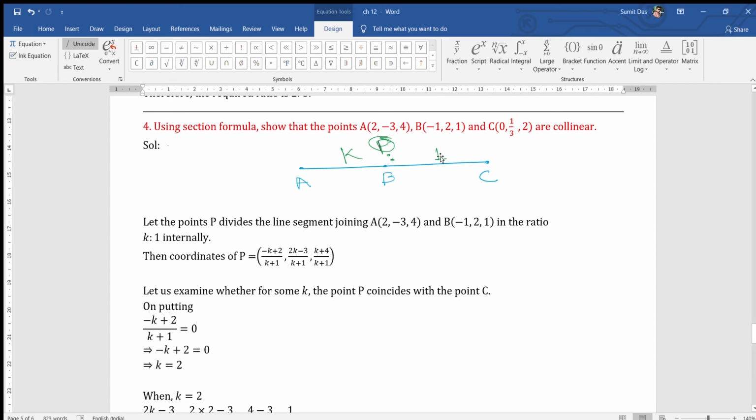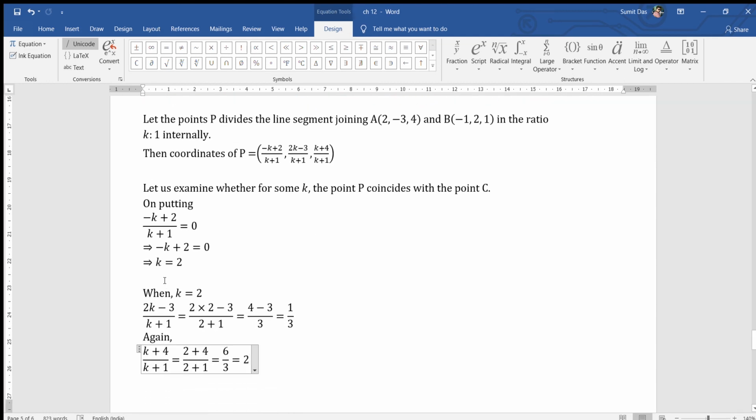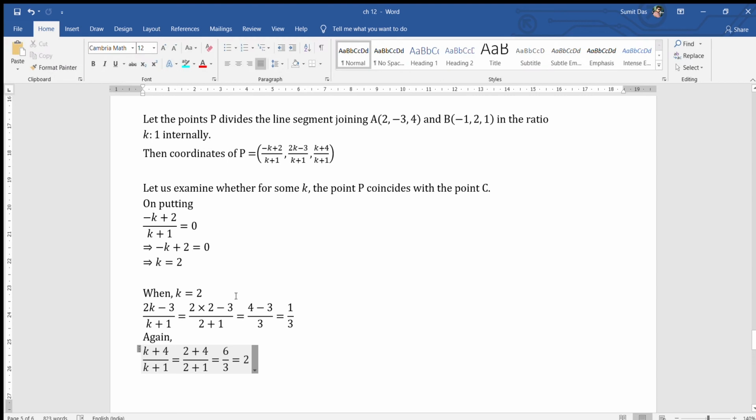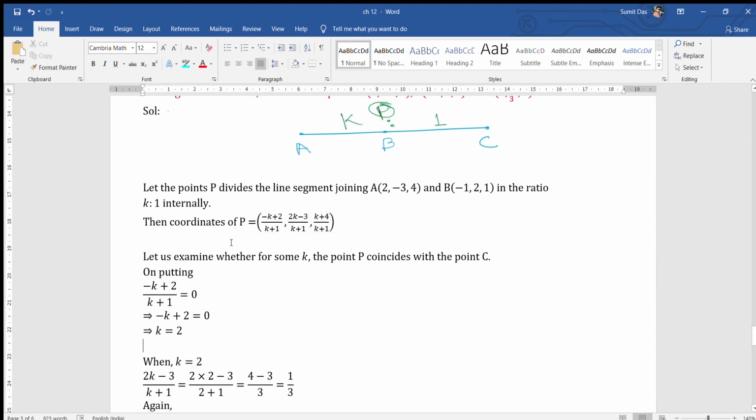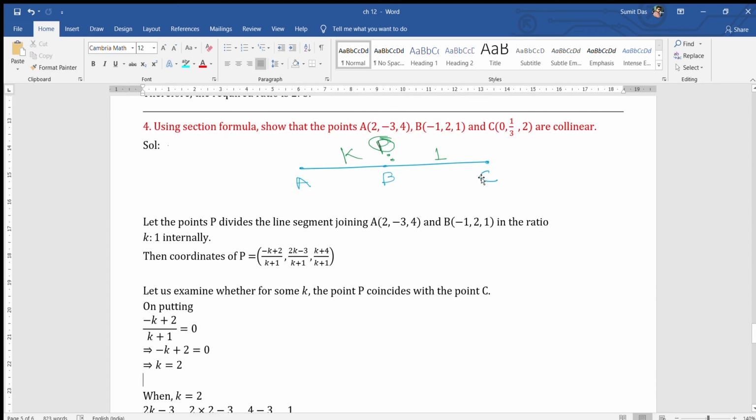Okay, we took P as the point which divides A and B in some ratio k is to 1. After comparing and checking all the coordinates with the coordinates of P, we got the coordinate of P for k equal to 2. P and C are the same thing.